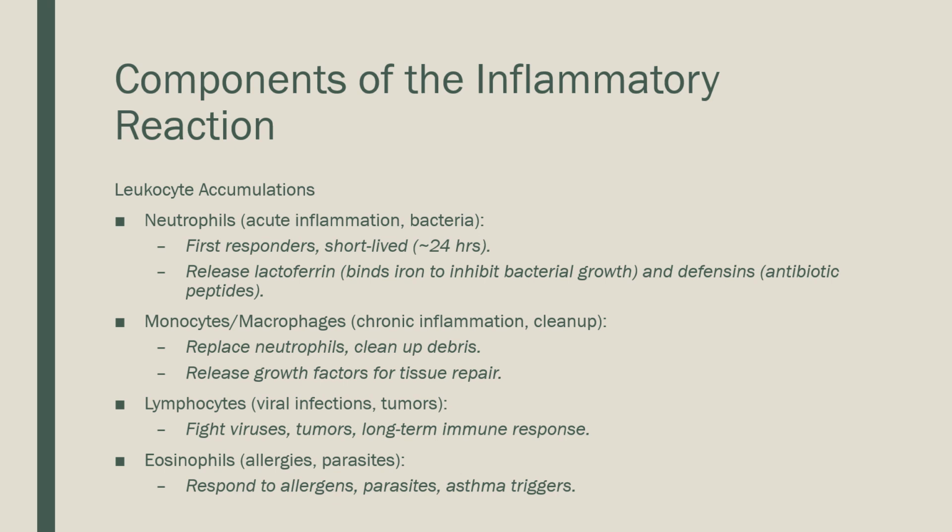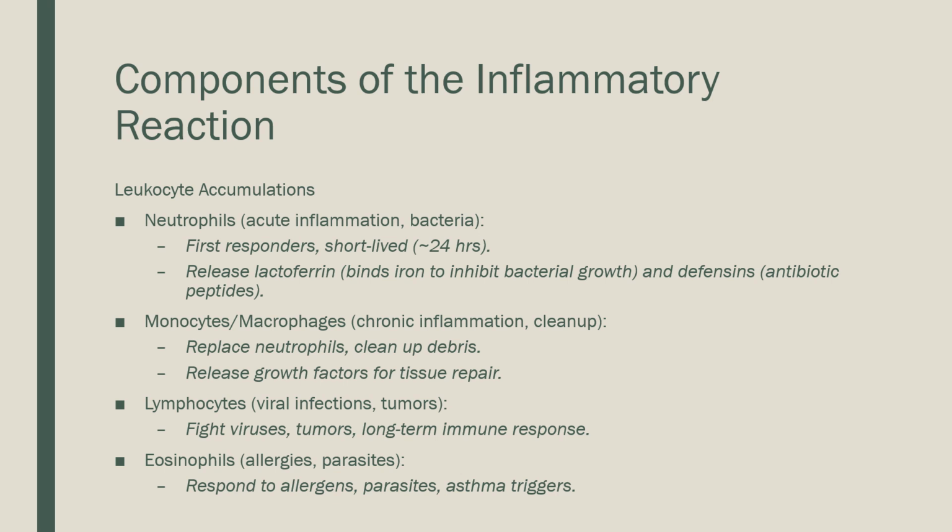Here we'll discuss the different leukocyte types and their functions. So neutrophils are present during acute inflammation or a bacterial infection. They are first responders and are short-lived, about 24 hours. They release lactoferrin, which binds iron to inhibit bacterial growth, and defensins, which are antibiotic peptides.